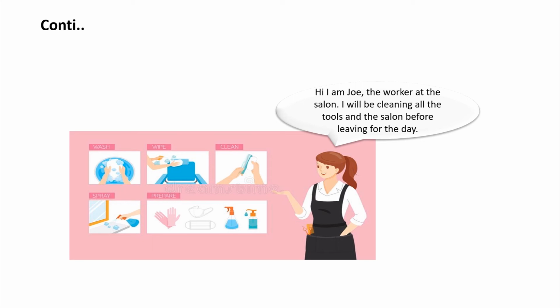Then you should wipe the chairs, the tables, the used implements, and clean every tool used that day. Further, you should always use a sanitized or sterilized liquid to clean your parlor essentials. And finally, prepare it for the next day. That's what Joe is going to do before closing the salon. Isn't that great?